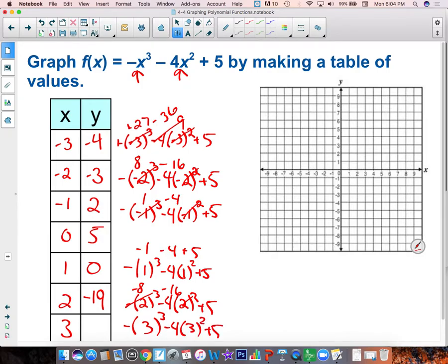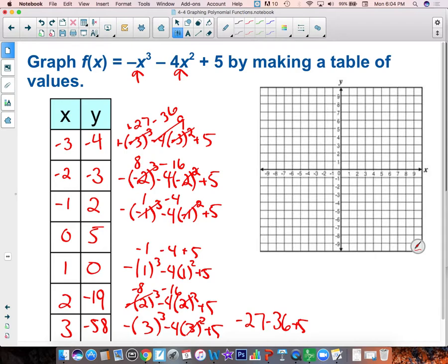Okay, so that's 3 cubed, that's -27. 3 times 3, that's 9 there, times the -4, that's -36, plus 5. So we'd have -58. So obviously you're not going to have to graph that one, but we'll graph the points that we have so far.